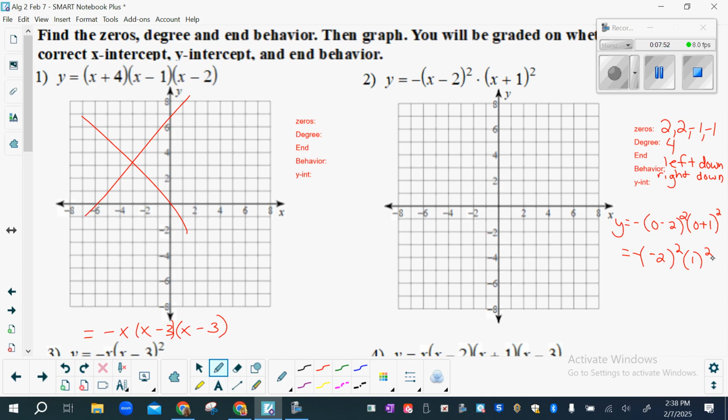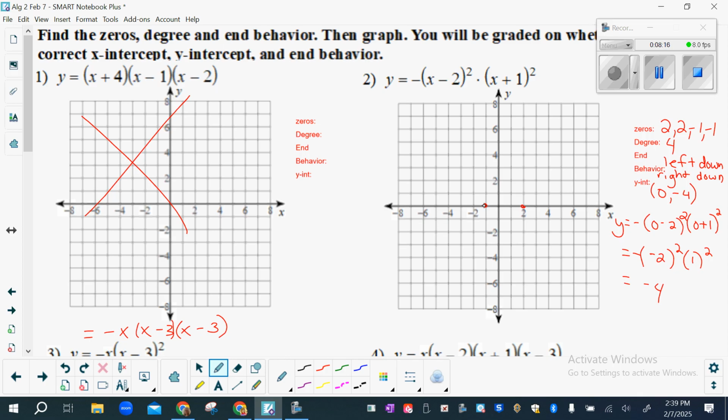Put that negative out in front. -4. So we put a -4 here. 0, -4. Does that make sense? Okay, so now we have a 0 at 2 and -1, and both of them are going to bounce because they both have an even multiplicity.